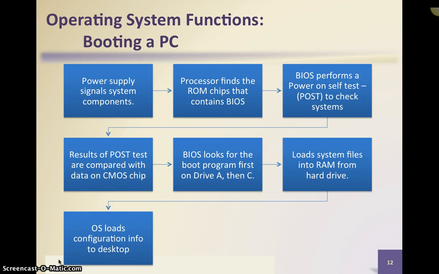So once it finds the boot drive, it loads all the system files into RAM from the boot drive. Then, once all of that is loaded, the OS loads configuration information onto the desktop.